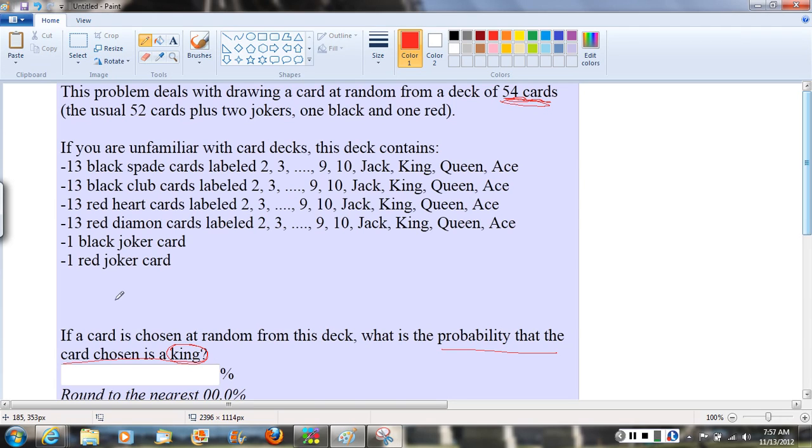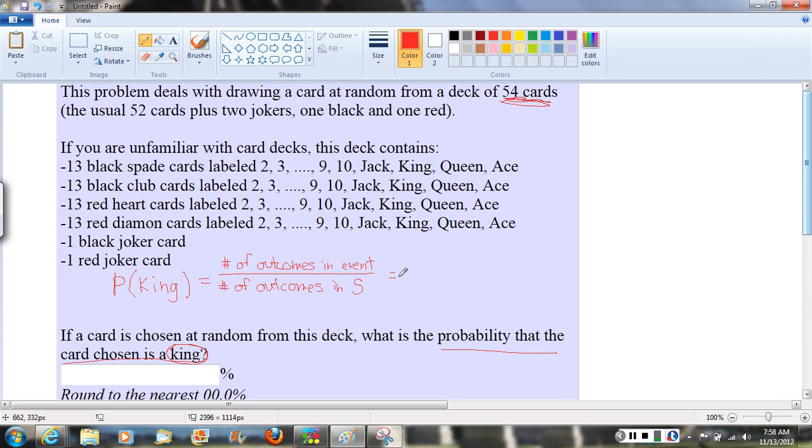We say the probability of choosing a king, I'll write it first as a formal definition, equals number of outcomes in an event divided by the number of outcomes in the sample space. I'll use the capital letter S for sample space.